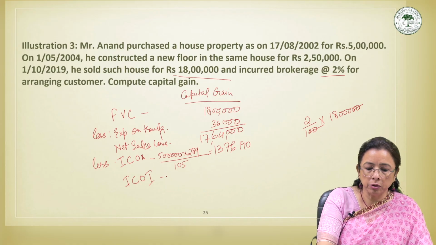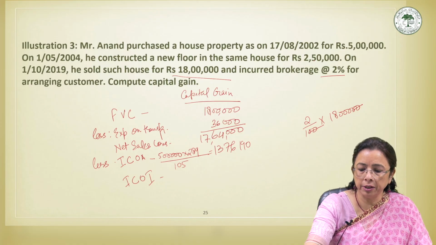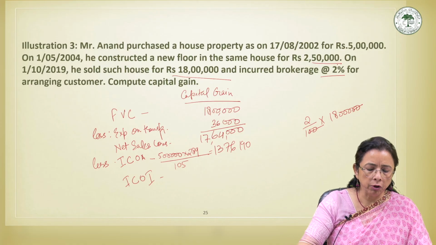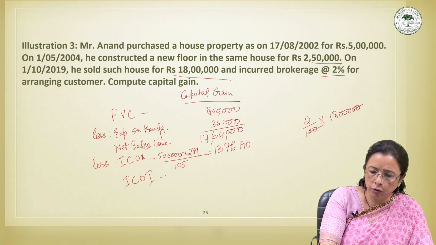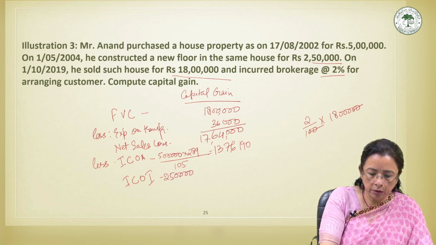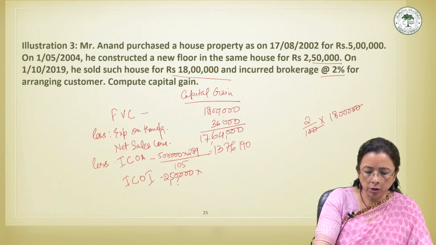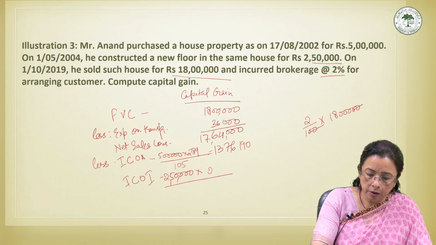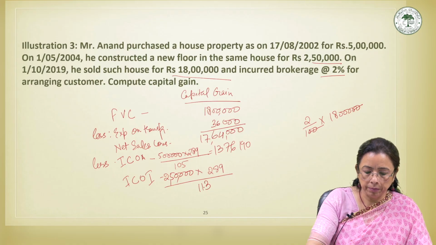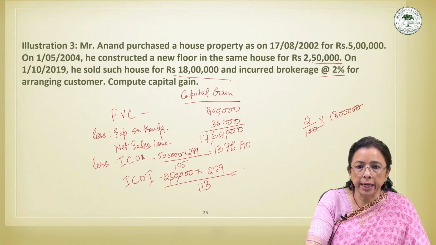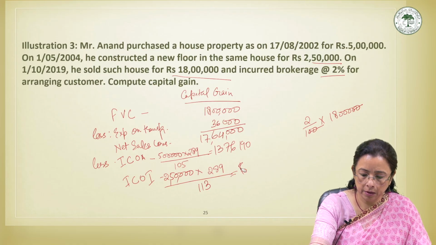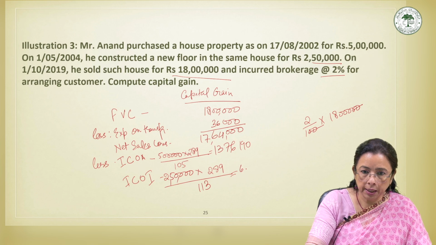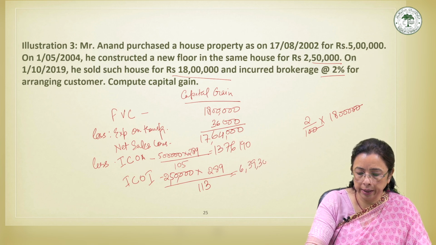Then we have the indexed cost of improvement. Again, the same formula goes. The improvement cost is rupees 2,50,000. We call it improvement, but it is the construction of a new floor. So 2,50,000 into the CII of 2019 divided by the CII of the year of improvement, 113, which is equal to 6 lakh 39,381.